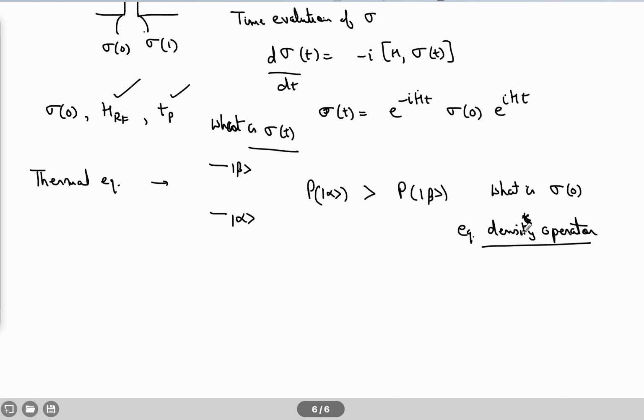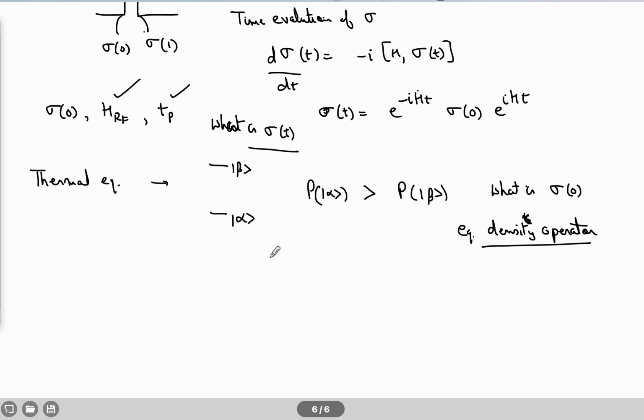So our goal is, if we know what is the equilibrium density operator, then of course we can find out the perturbation and calculate the time evolution of density operator as a function of that perturbation. But the goal has to be the identification or the estimation of our equilibrium density operator, that is at the start, before the start of the experiment.